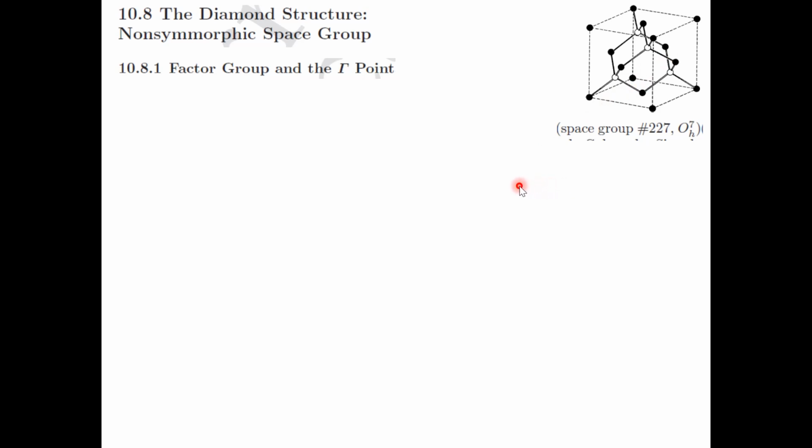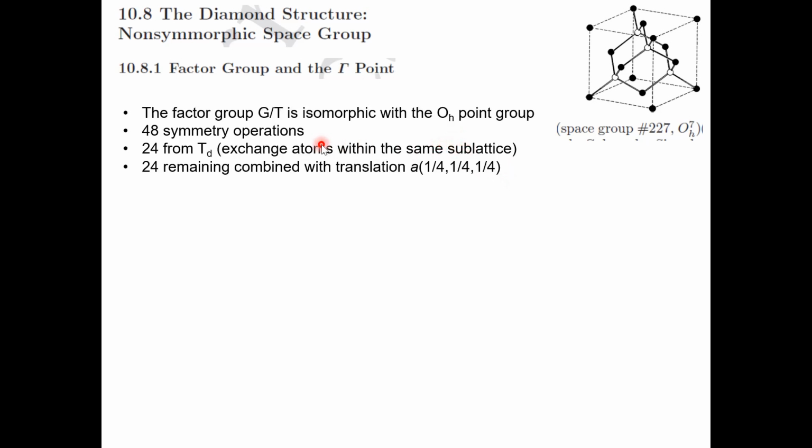All right. So let's see what happens at the gamma point. Some facts about the group of the wave vector at the gamma point. The factor group, when I factor out the translations, is going to be isomorphic with the O_h point group.